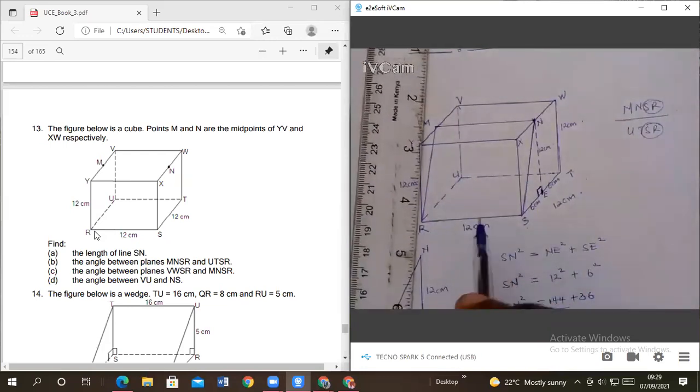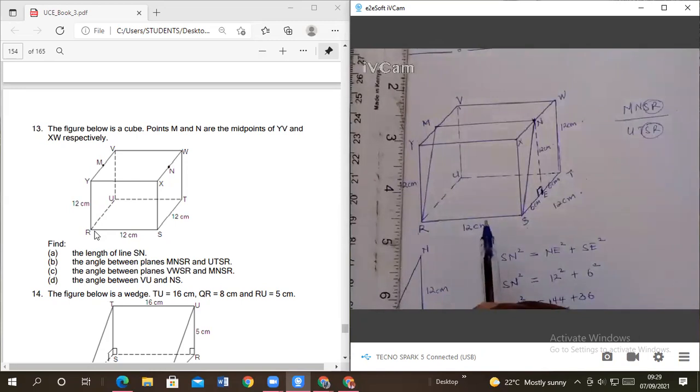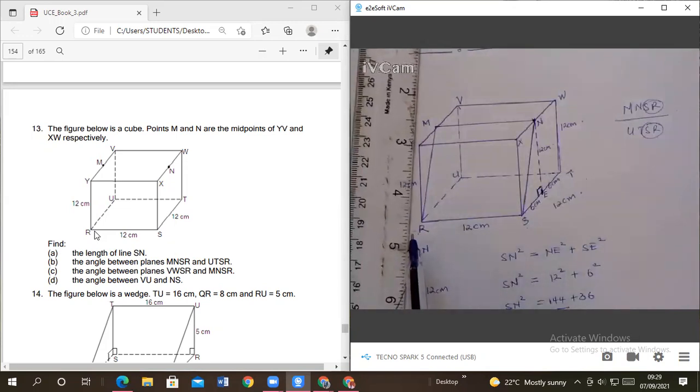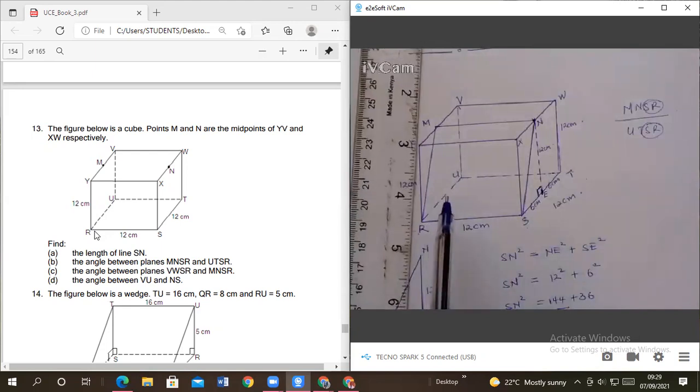So it means that now our angle is along the line SR. So for us to determine that angle, what we are going to do is first draw a dotted line that bisects these two planes. But first, a dotted line that bisects the first plane, MNSR.